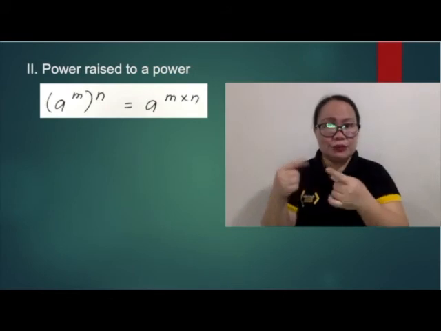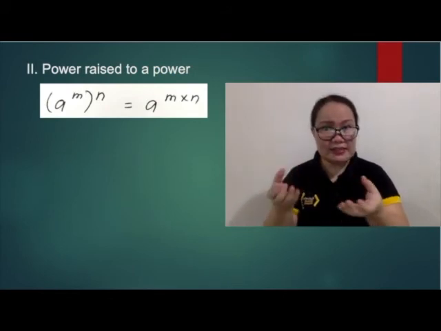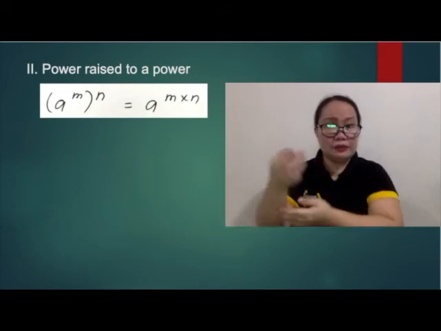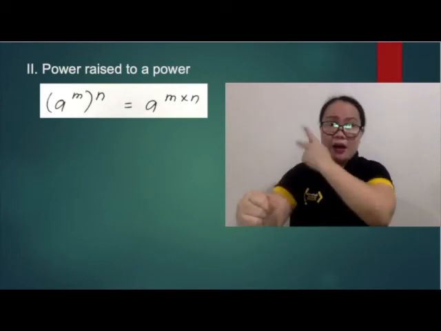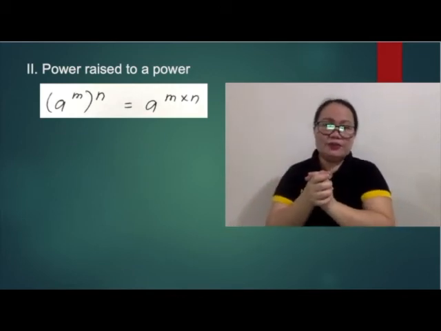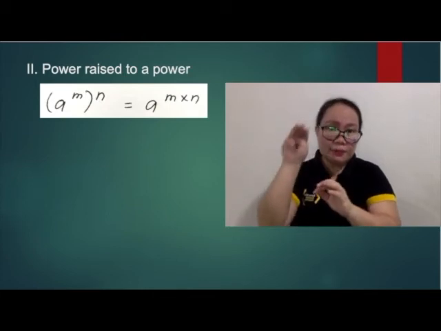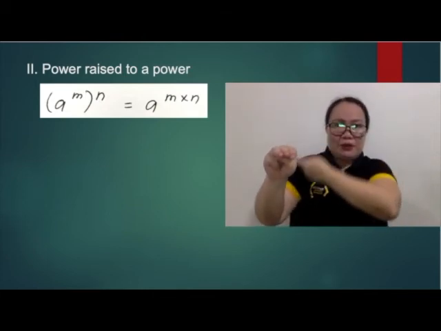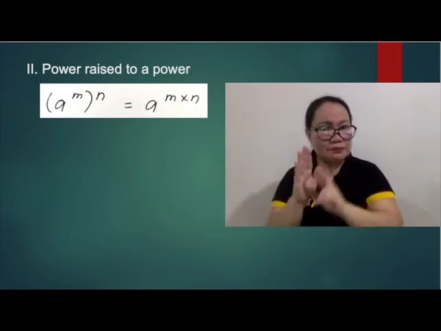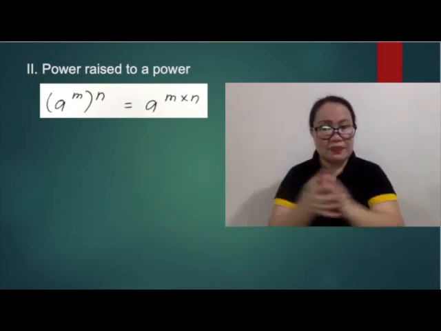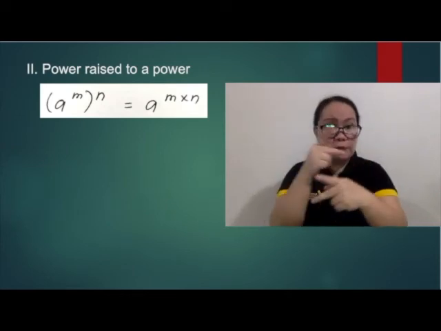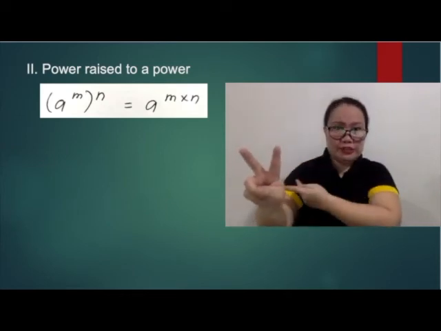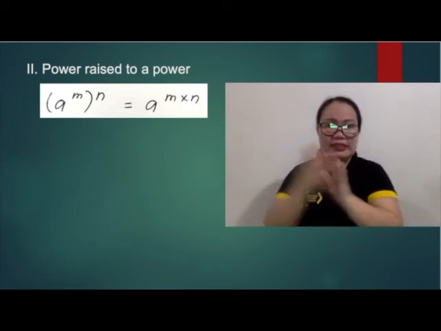Now let's go to the second case, power raised to a power. A power is being raised to another power. So what is the law for this case? Simply multiply the two powers or exponents.